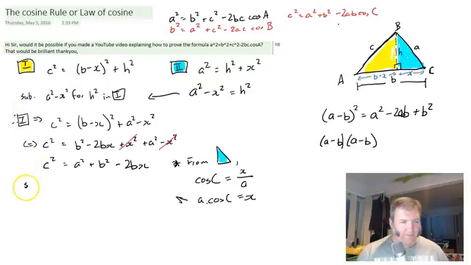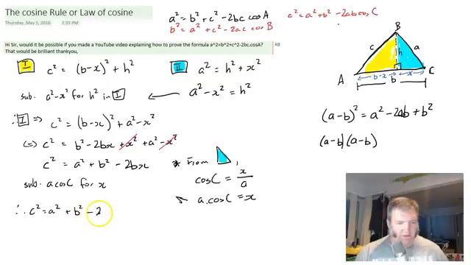So we say substitute a cosine c for x. Therefore, c squared equals a squared plus b squared minus 2b, and I replace x with a cosine c. And there we have the same expression. Look, I've got ab there and ba down here.